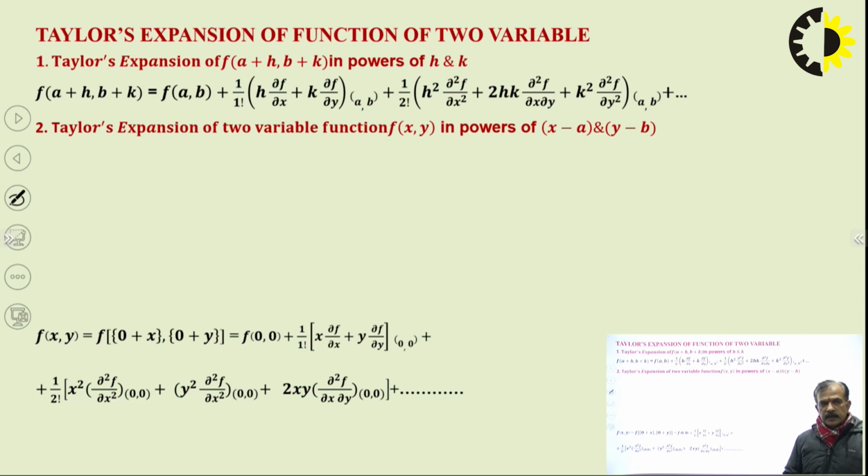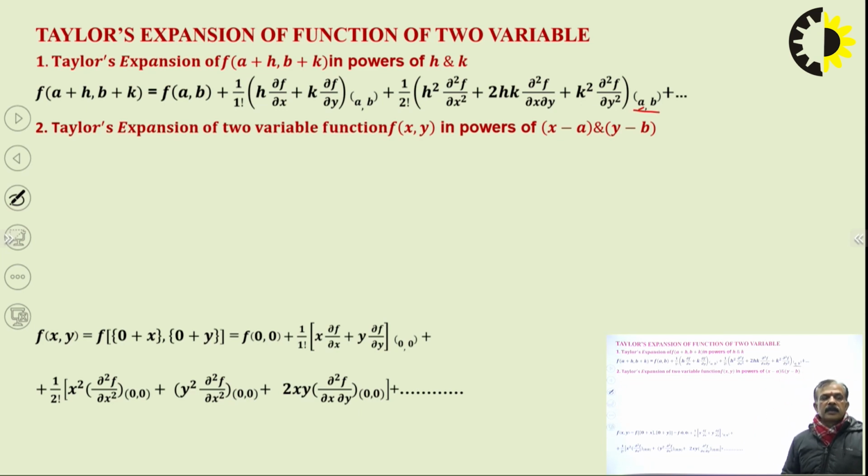And the next term is plus 1 upon 2 factorial into h square into del 2 f over del x square plus 2 h k into del 2 f over del x del y plus k square into del 2 f over del y square, with the values of these derivatives at x equal to a and y equal to b, plus and so on.